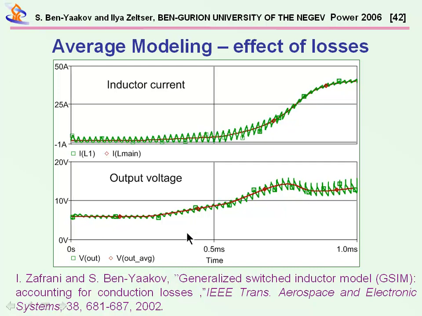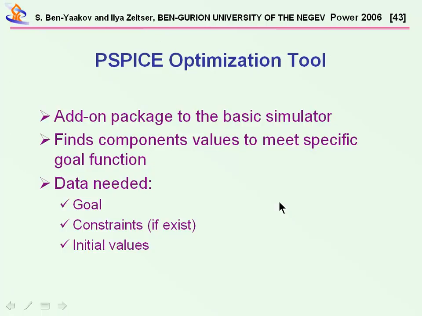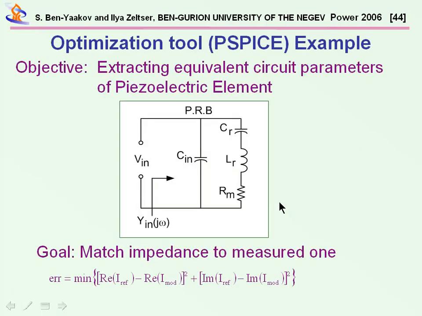Now, the advantage of the average model is that it runs much, much faster, up to 1,000 times faster, and that you can do AC analysis, which is difficult to do in transient analysis.